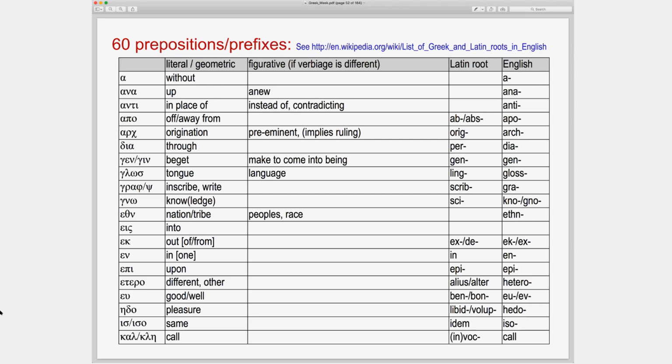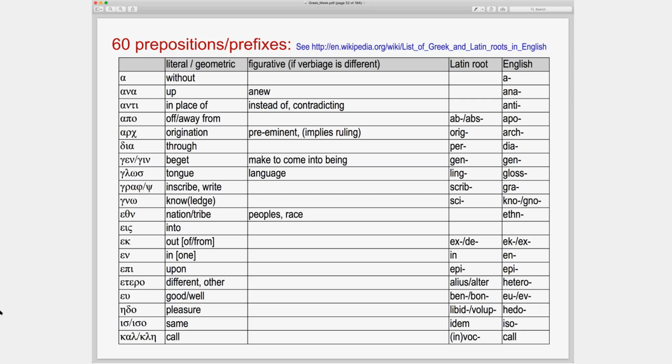English is based upon Latin, Greek, and Saxon roots. There's a lot of Greek that's already in the English language. And so you'll recognize a lot of prepositions and prefixes and suffixes in words, and it's helpful if it's the root of the word.